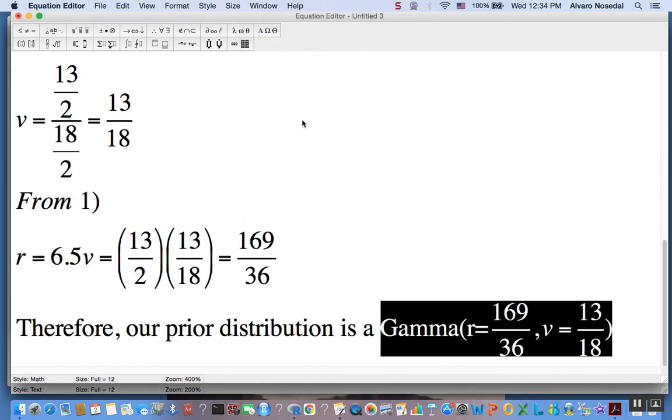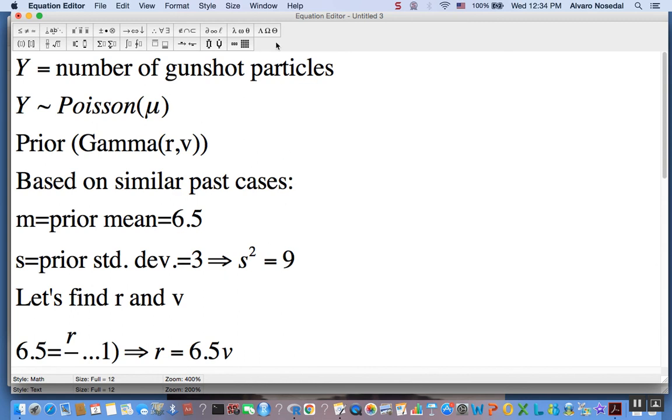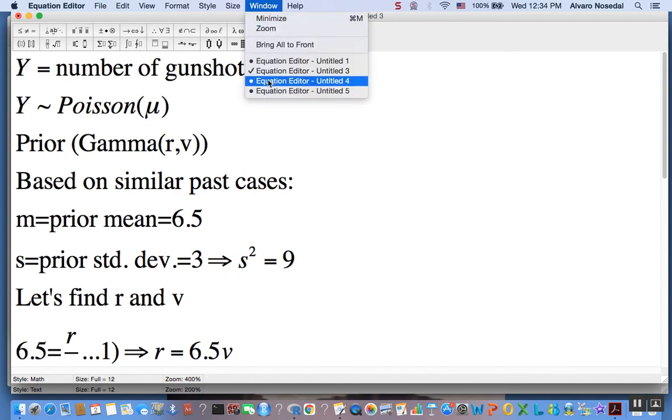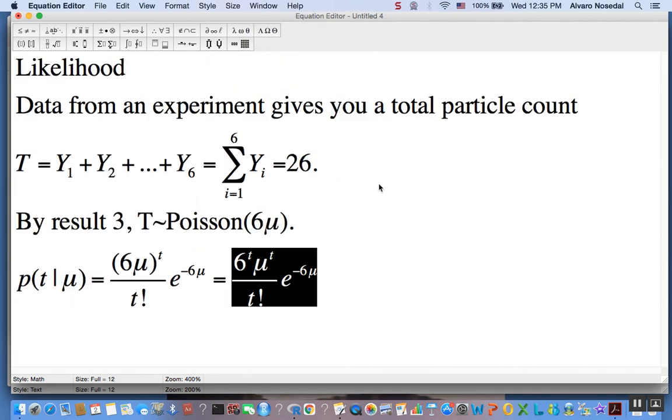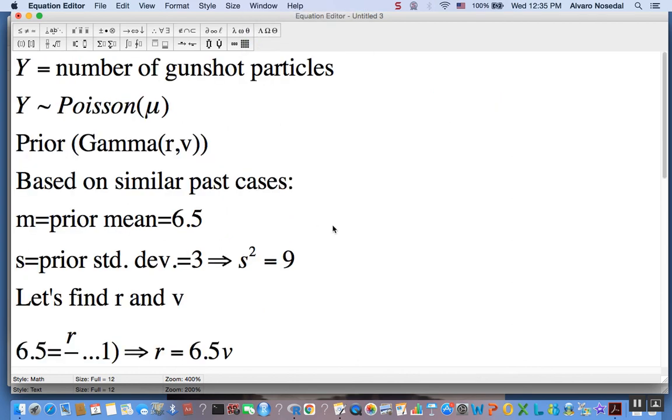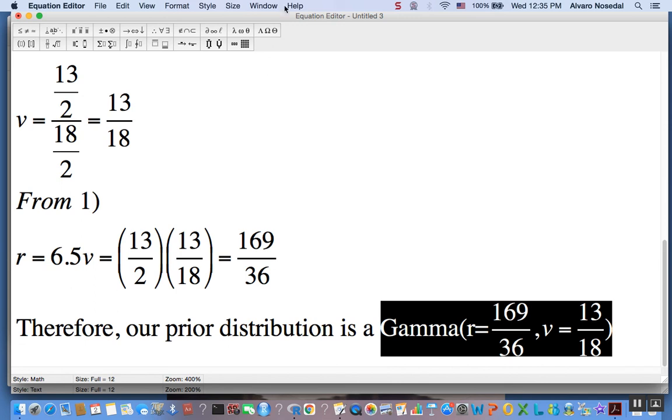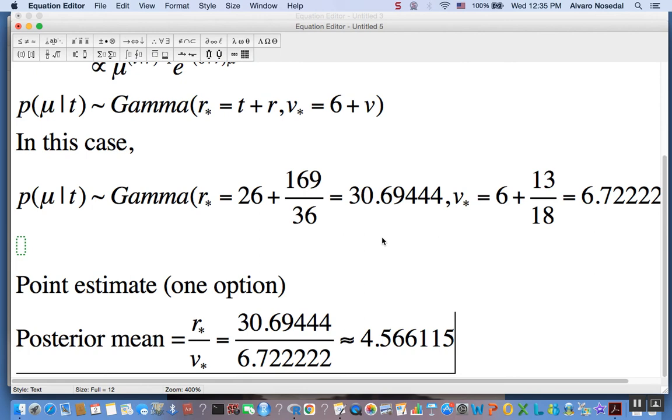We derived those rules, where R star is the sum of your observations, the yi's, plus the old R, and V star, the new parameter for the posterior, is the number of observations plus your old V. These are called the updating rules, and we derived them in general.